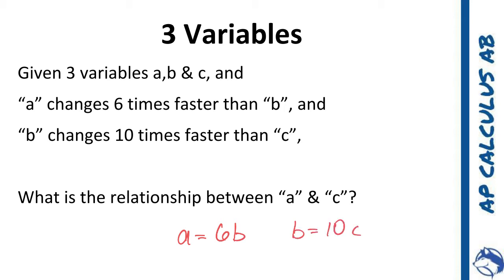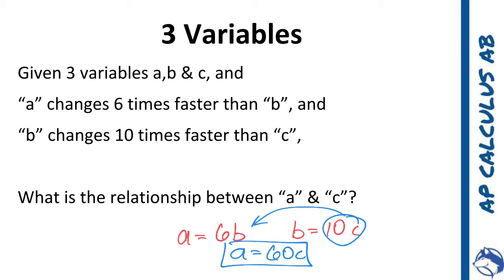Well, what I would have to do is plug this in for b, so a would be equal to 60 times c. And the reason why we think of this is because you can't just always say it's just 6b when b actually means that it's 10 times faster than c. So we have to be able to define it in many different ways.